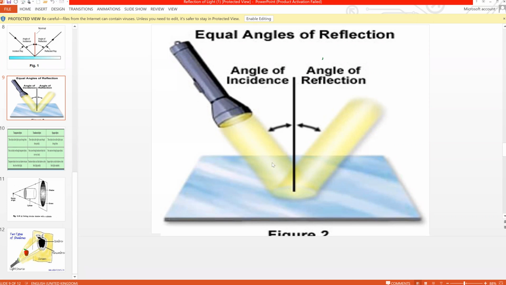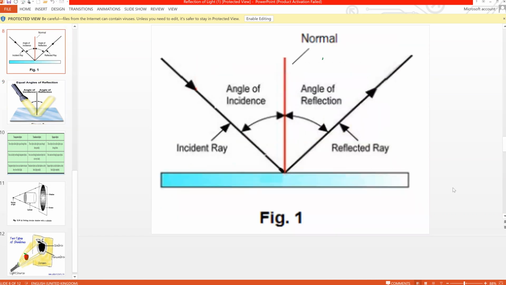When light is passed from the torch, these rays are called incident rays, and this angle is called the angle of incidence. When the rays are reflected, they are called reflected rays, and this angle is called the angle of reflection. And here also there is one picture which is showing the incident ray and reflected ray.